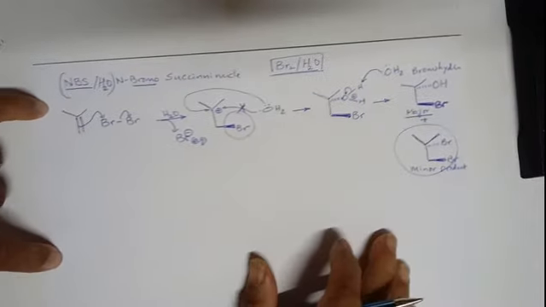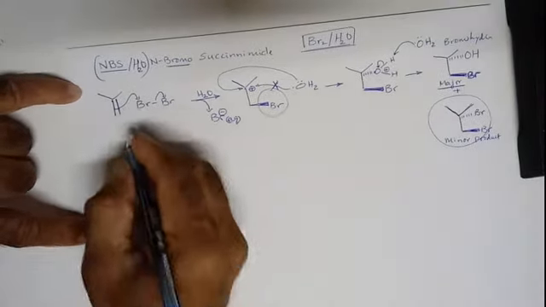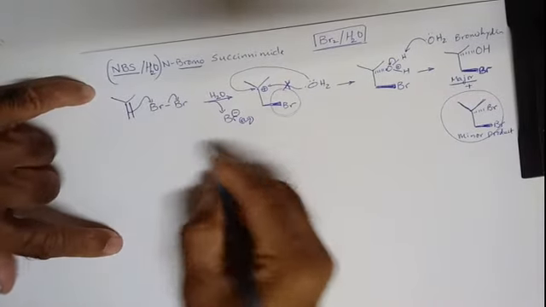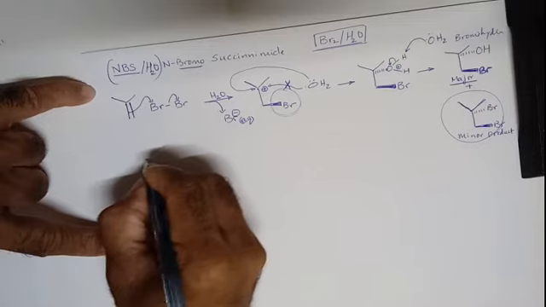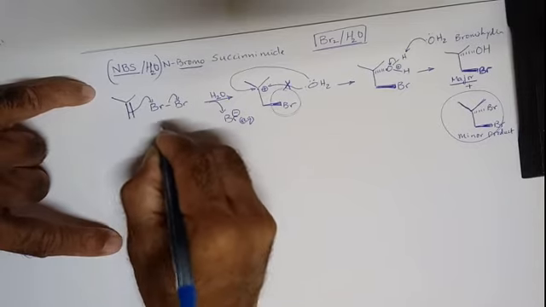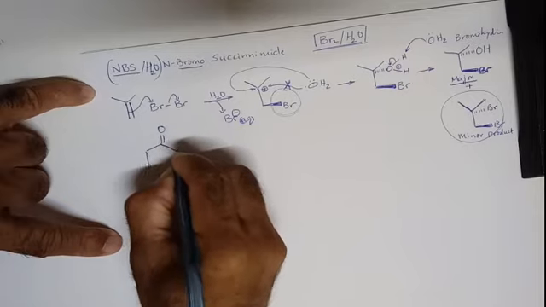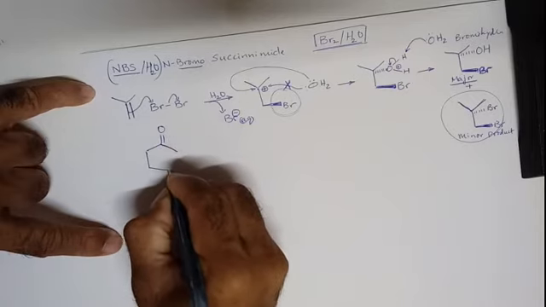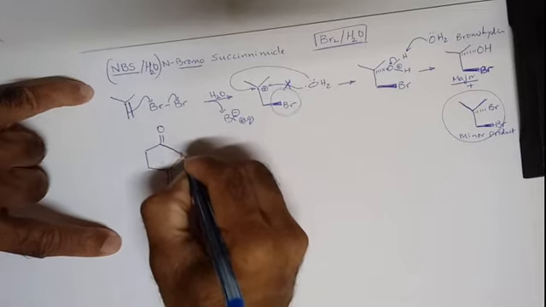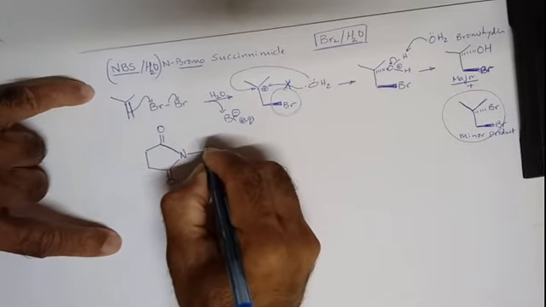Maximize bromohydrin production. So what we are going to do is use an alternate reagent called N-bromosuccinimide. N-bromosuccinimide is this. The structure may not be important, but it can be important, especially when you are tested during the exam.